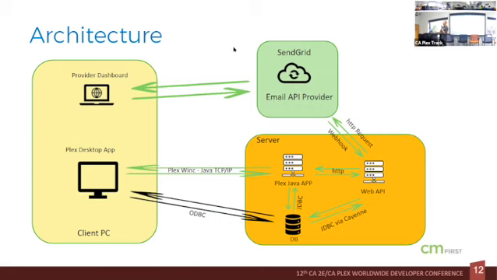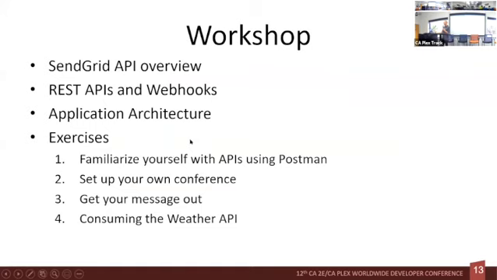Again, this is explained in the document that comes with the workshop. There's a PDF file that you'll find in that folder, and it has the API overview in a lot more detail than I've given to you now.